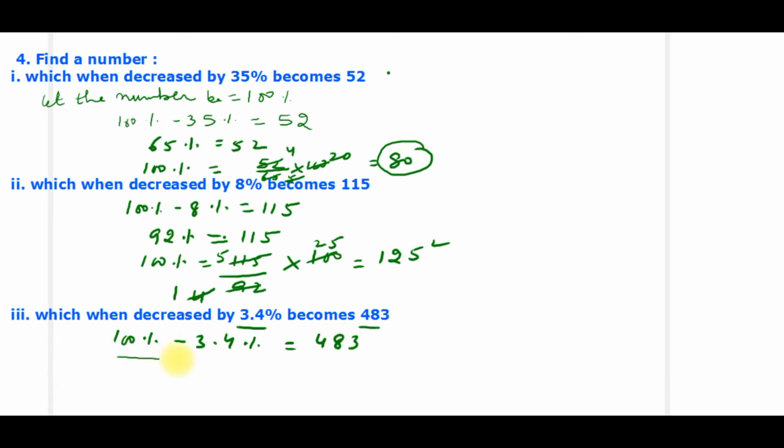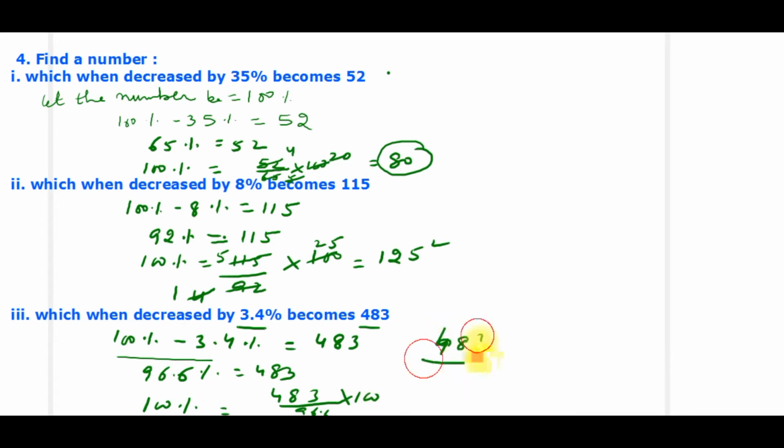So now we will do the minus, 96.6% equal to 483, and 100% would be 483 upon 96.6 multiplied by 100. We will solve it here.